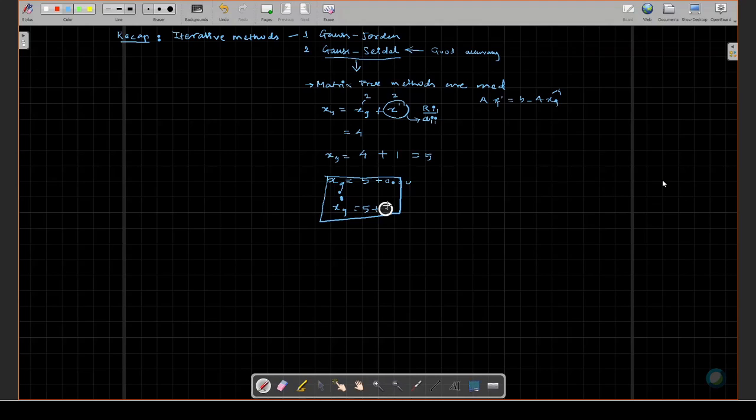Suppose now I'm getting the next value as 5. So you see the difference between these two values. So there will be some criteria to stop the iteration. But the essential process is to guess the solution. If the guess solution is 2, then get the correction, and get the xg.